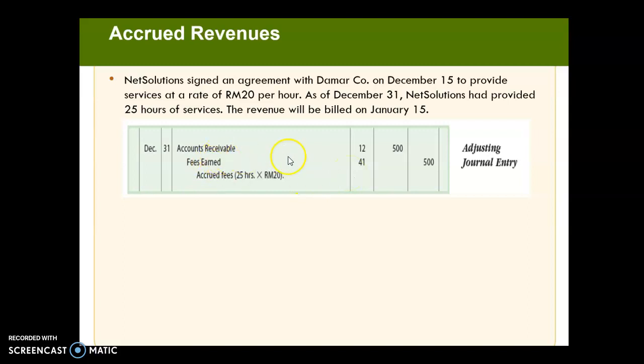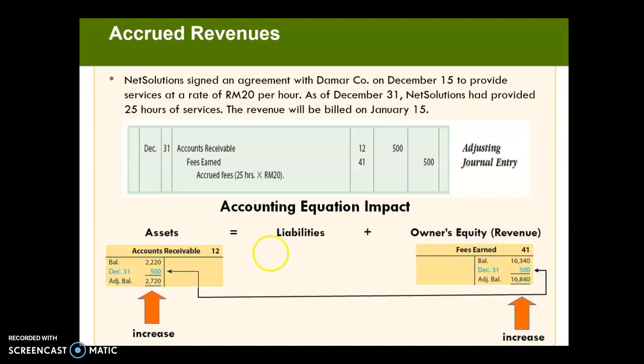So debit accounts receivable 500, credit fees earned 500. This is accounts receivable, debit 500. This is fees earned, credit 500.